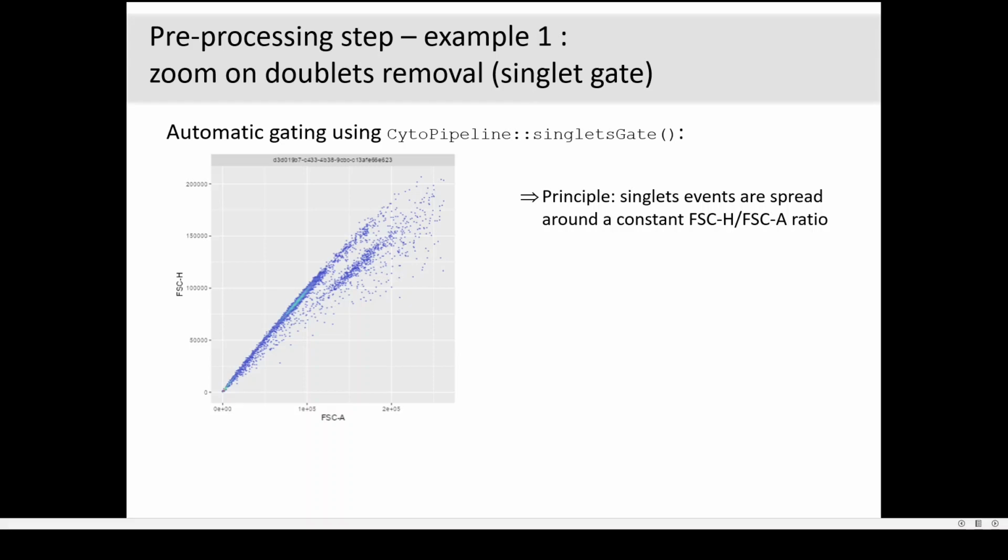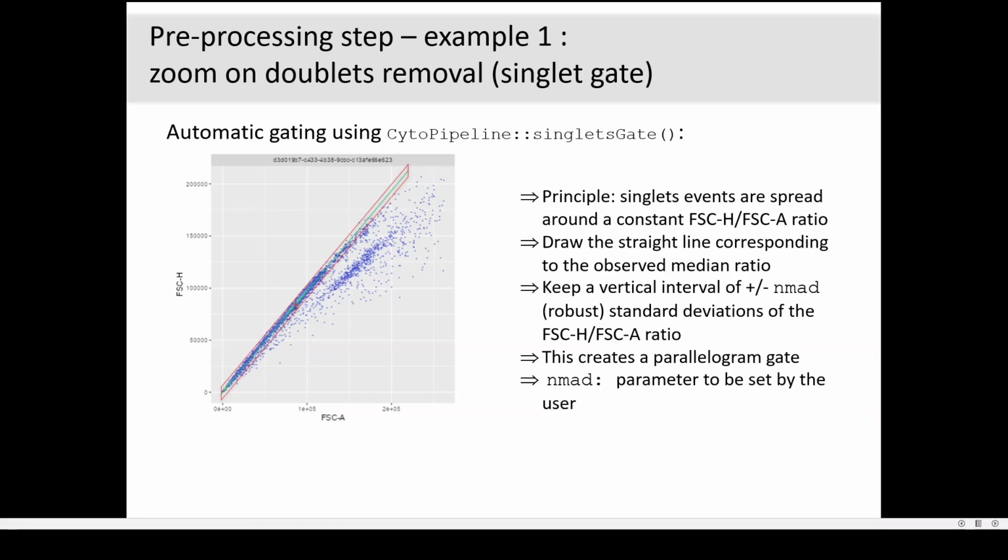So as the singlet events are spread around a constant FSC-A ratio, if we mentally imagine the straight line going through the observed median ratio, then we can build an interval, a vertical interval, of plus or minus a specific quantity, which represents a specific number, 4, 5, 6, of standard deviations around this median ratio. And so if we do this, this would create a kind of parallelogram gate.